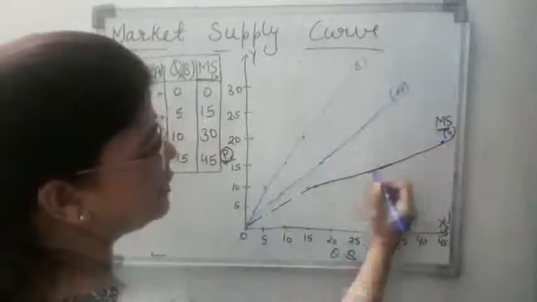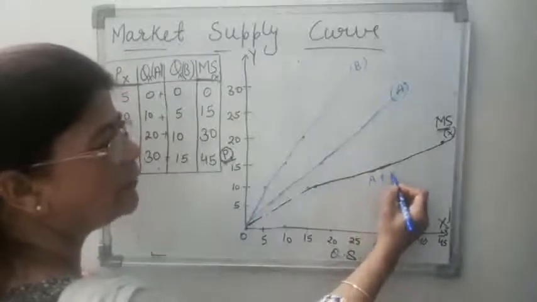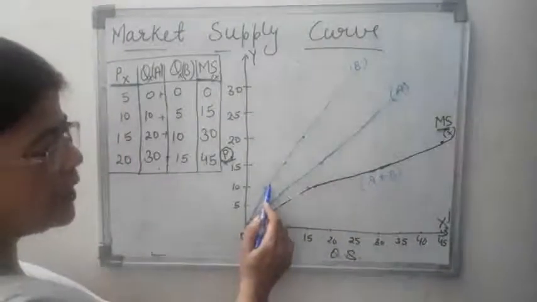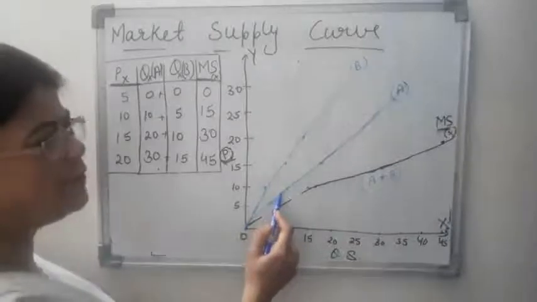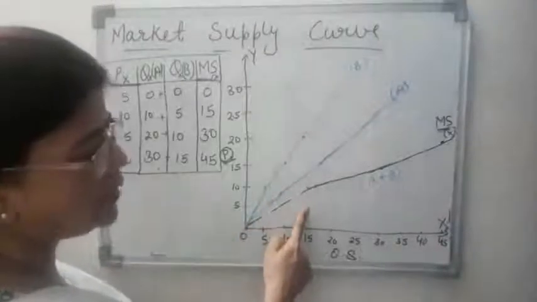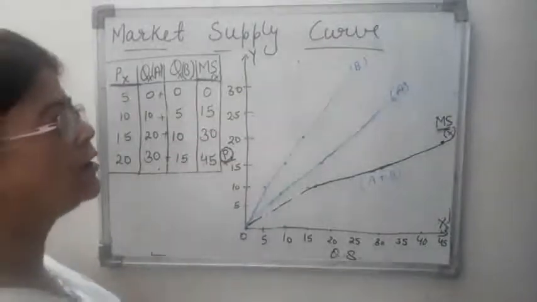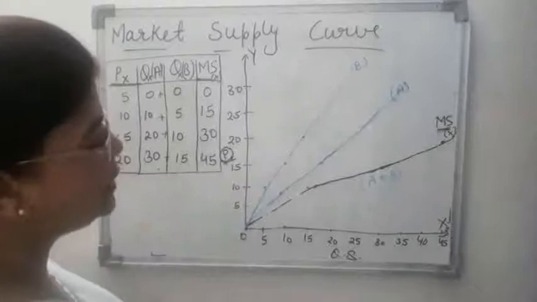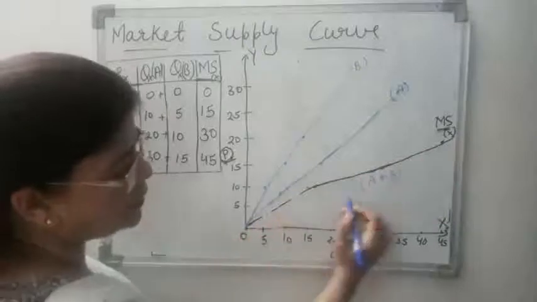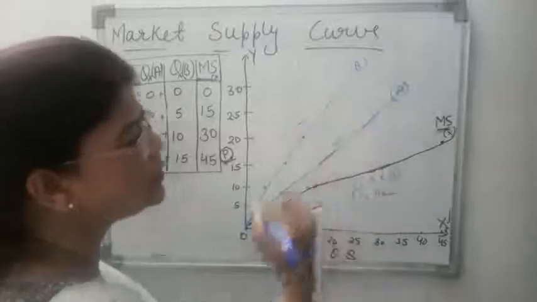and it is the market supply, which is the summation of supply of firm A and firm B. So in this you can see the individual supply curves of firm A and firm B are here, and the market supply curve is the summation of firm A and firm B's individual supply curves. So the market supply curve is a flatter curve compared to the individual supply curve.